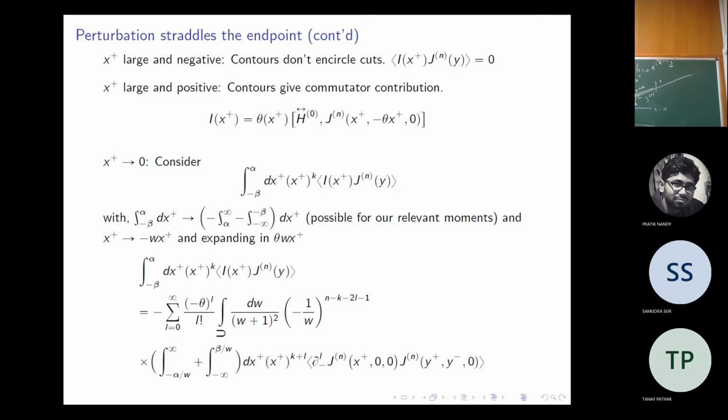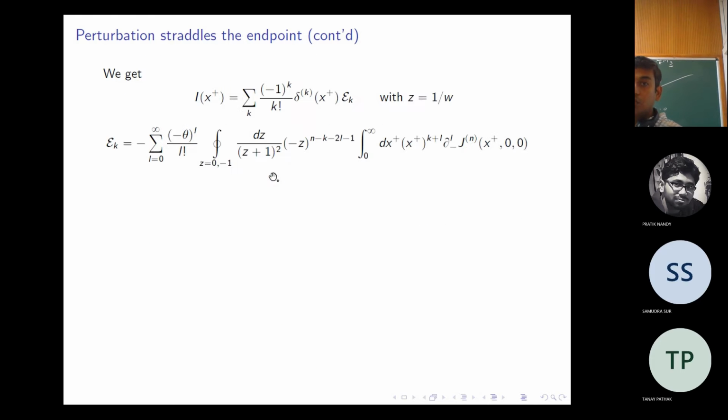It's just that you have to be careful with the x plus going to 0 limit, and you have to also expand in x plus equal to 0 to extract out the subleading singularities in these correlation functions. And then if you compute these correlation functions with x plus to the k, then you can extract out these coefficients that you have in the I, the integrand.